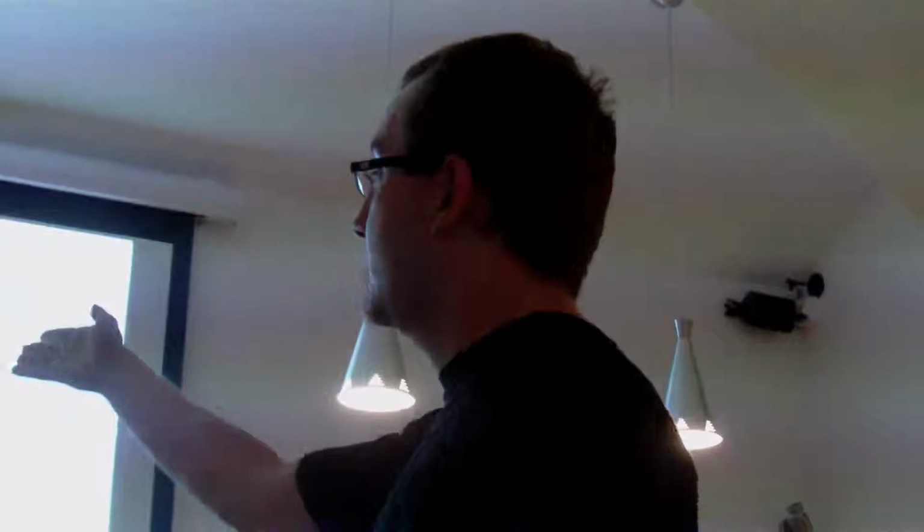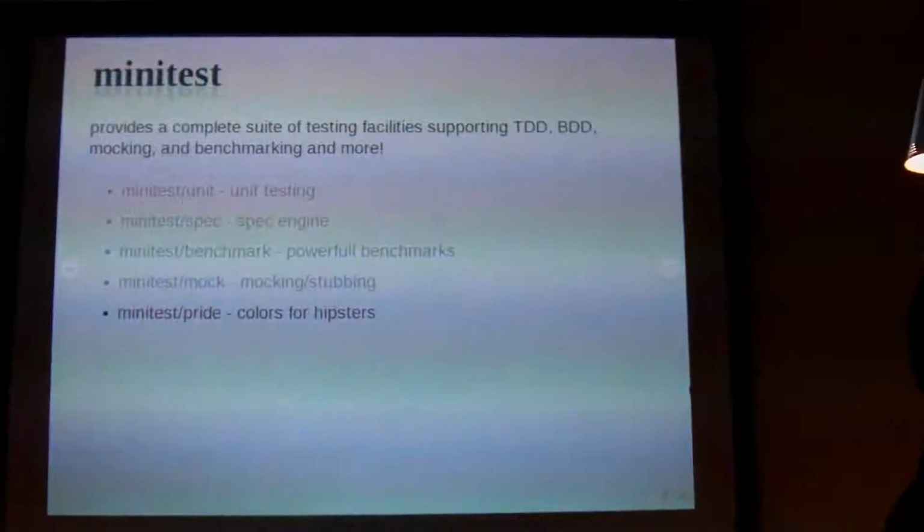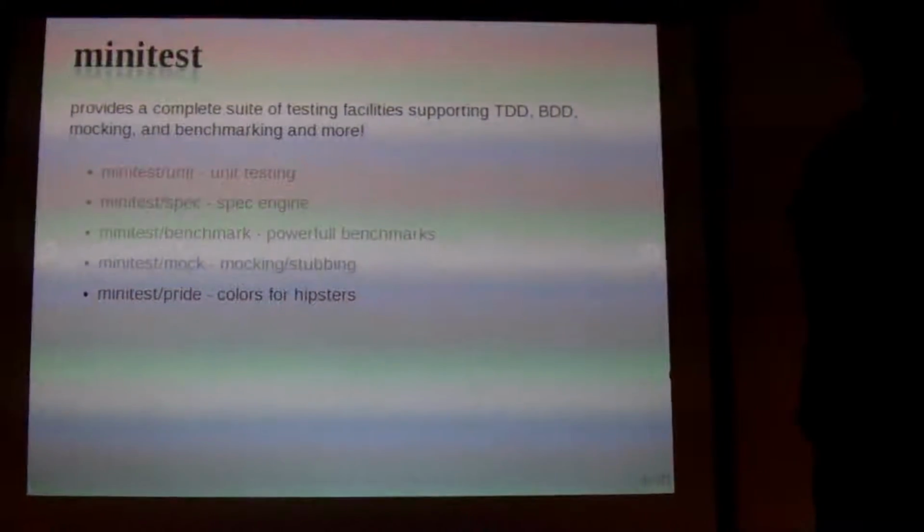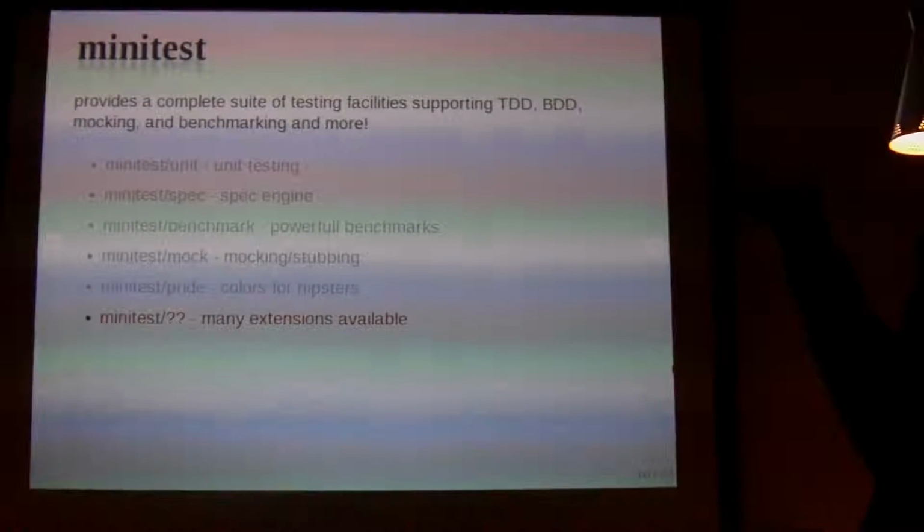It also has pride, which is included in the standard distribution. It gives you colors in the console. So if you really like colors, you can get them if you just require this. And as I said, there are many extensions available, for integration with Jenkins, Travis, Rails, and I don't know how many.